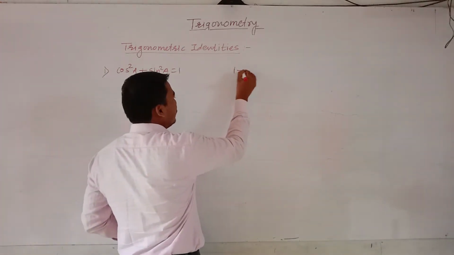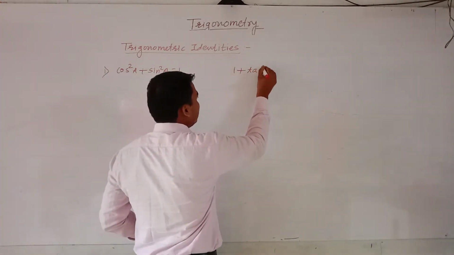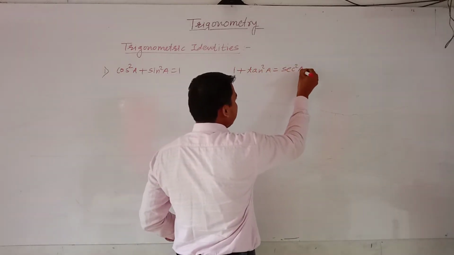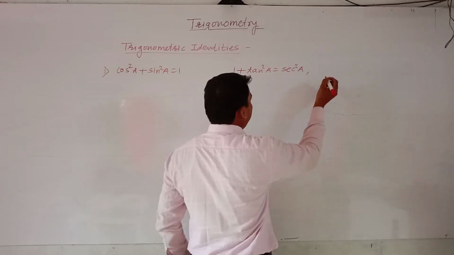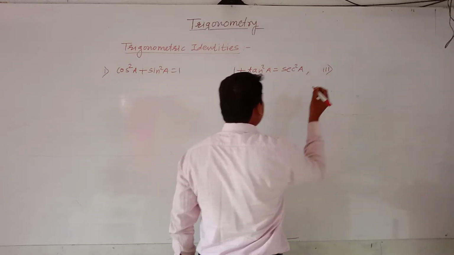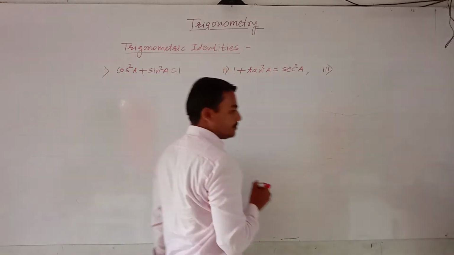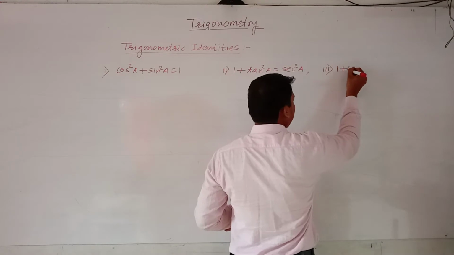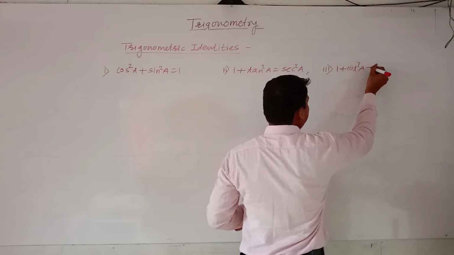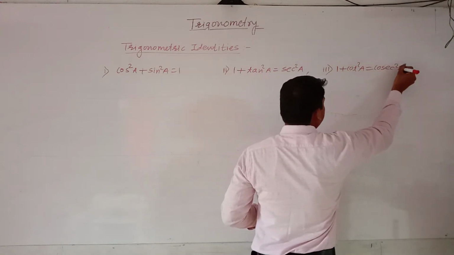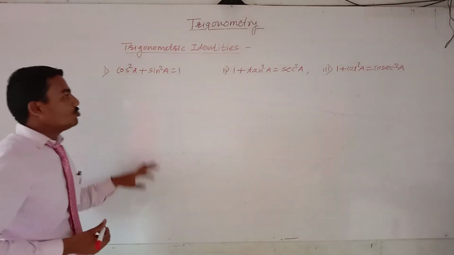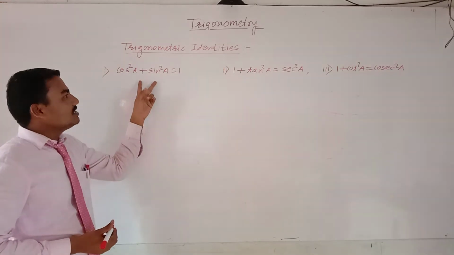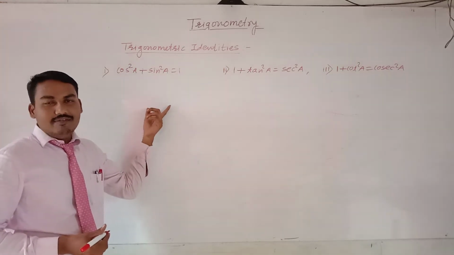Second, 1 plus tan square A is equal to sec square A. And third, 1 plus cot square A is equal to cosec square A. Okay, so these are the basic trigonometric identities. We are going to use these identities in solving the numericals.